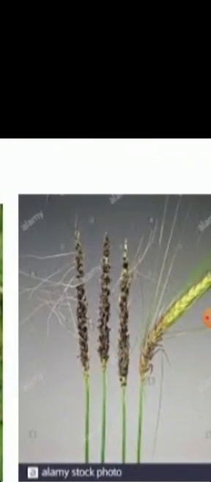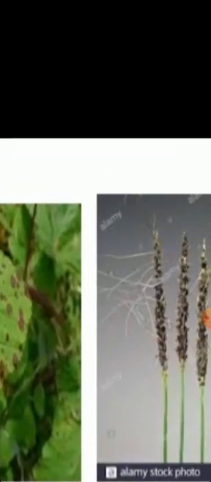Number third is smut, rust and smut. Okay, these both are fungal diseases. And the fourth one is athlete's foot, in which the feet of human beings are affected, they become diseased, and that disease is known as athlete's foot, and that is actually caused by fungi.